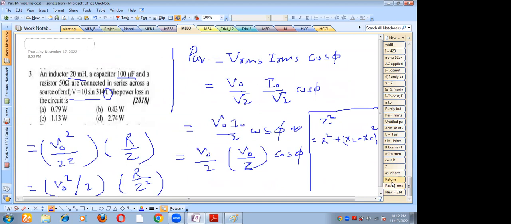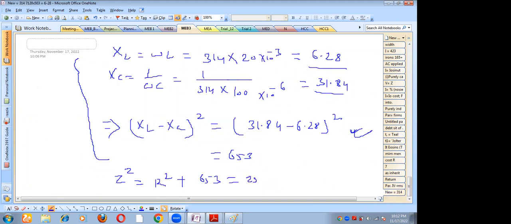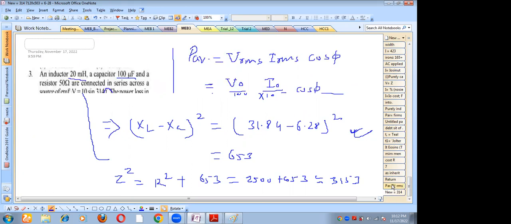R square is 50 square, 2500, plus 653, will be approximately equal to 3153.